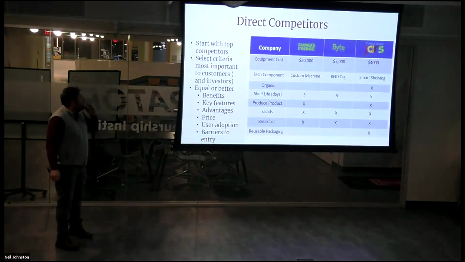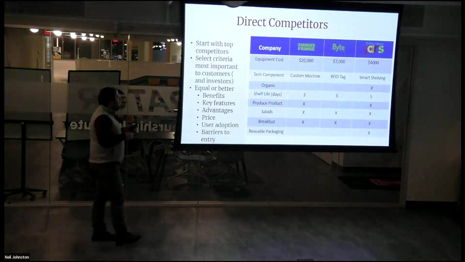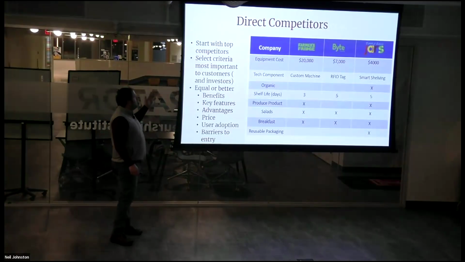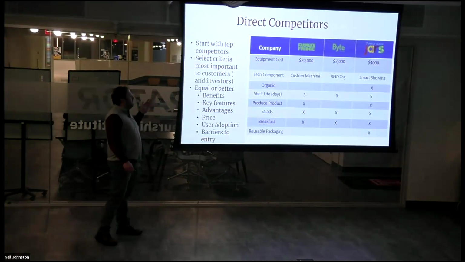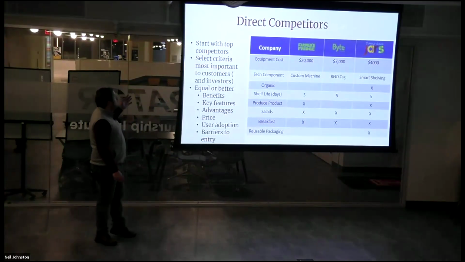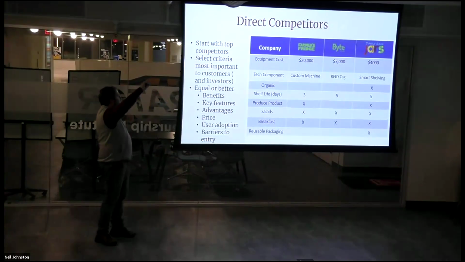I'm sure that anybody that's taken a business class or anything before has seen a table like this. So this is a direct competitors chart. You start at the very top with the company, and then you list the top competitors as well as your idea.